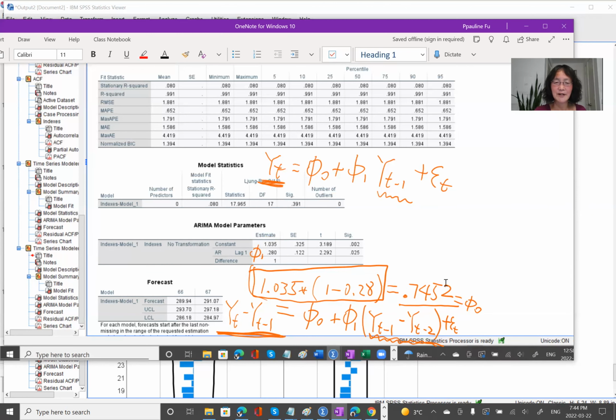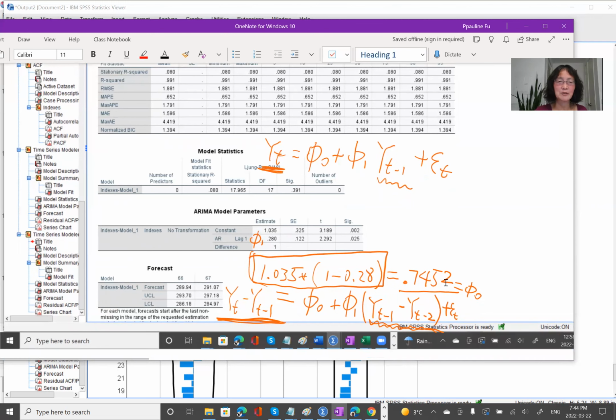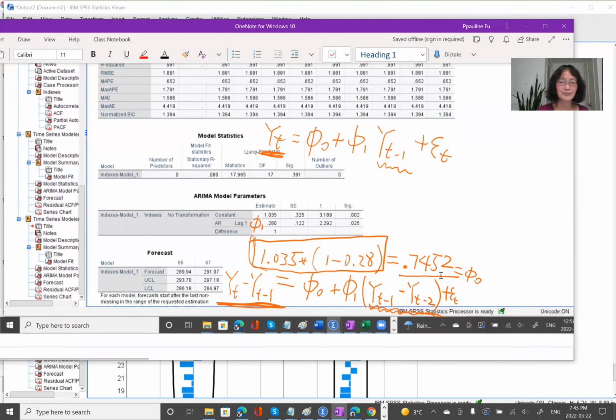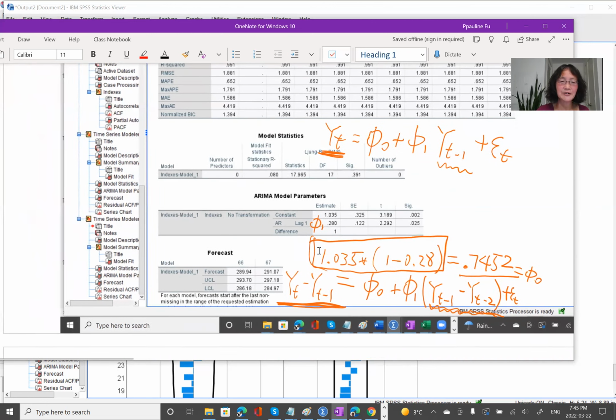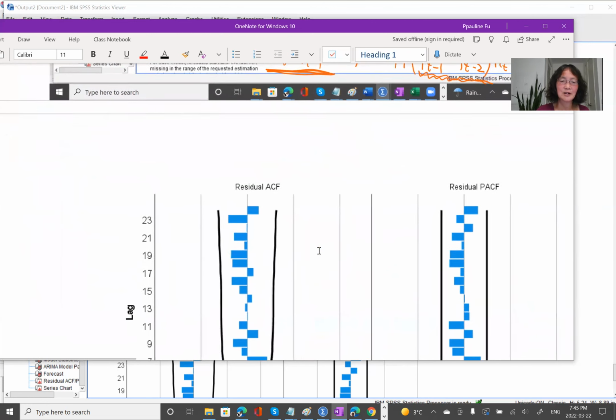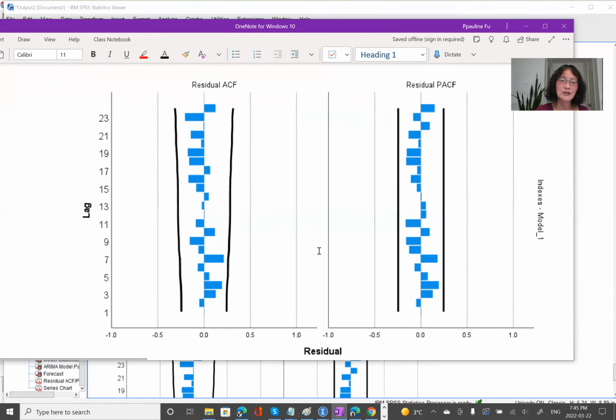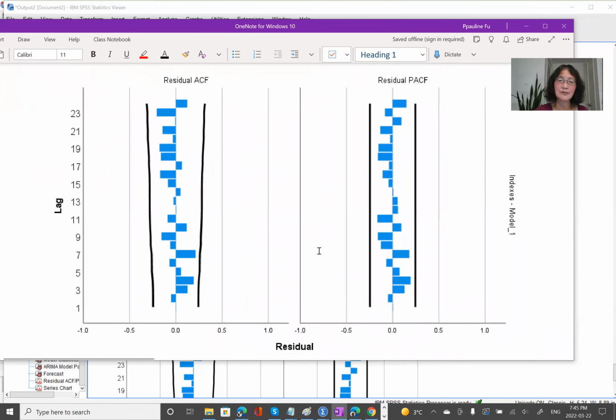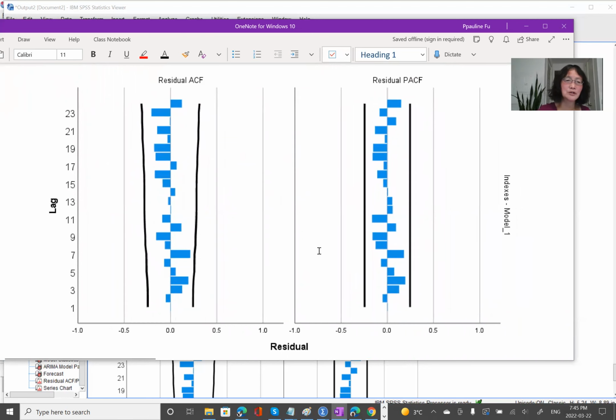You have to calculate phi 0 based on the output from SPSS. Any questions? And the residual plot as well as the partial residual plot look good because they are within the limit.